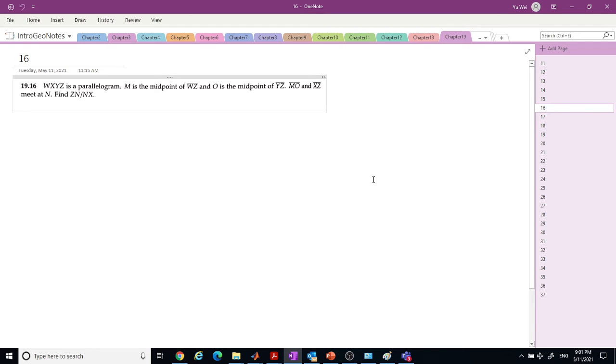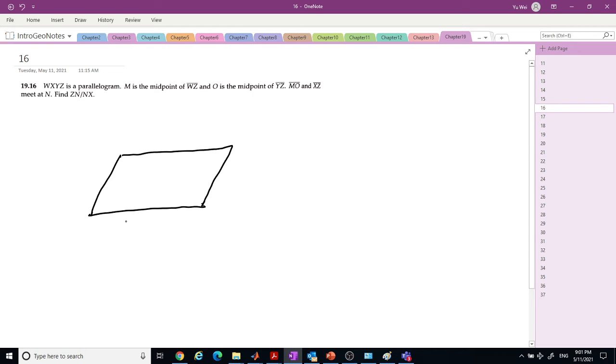So the W, X, Y, Z is a parallelogram. Now let's do it. So we have a parallelogram. Okay, we have a parallelogram of the W, X, Y, and Z. Okay, now we see the M is the midpoint of WZ, and O is the midpoint of the YZ.